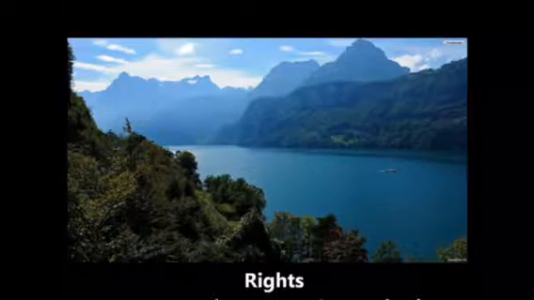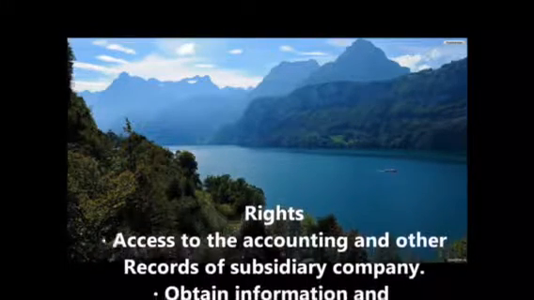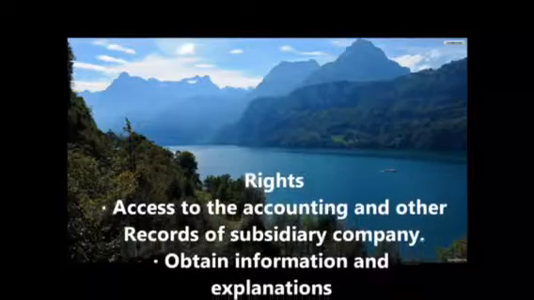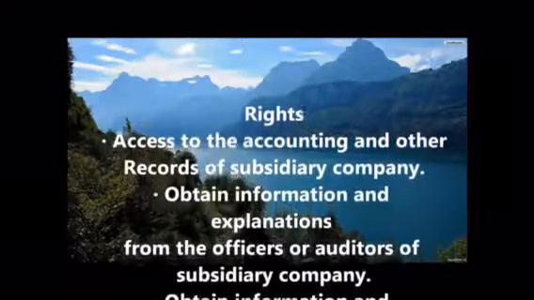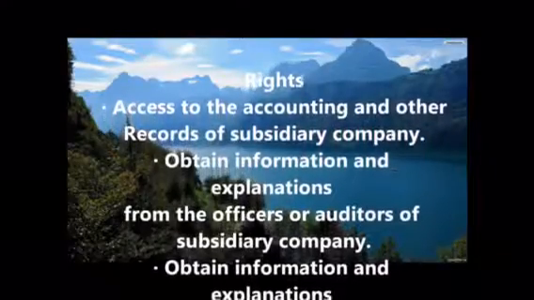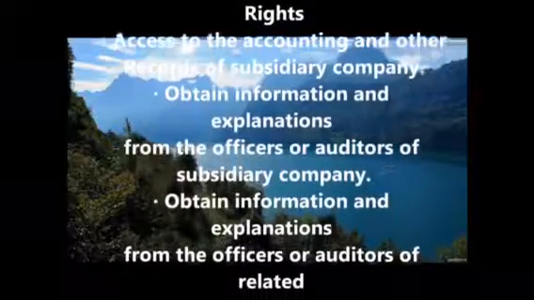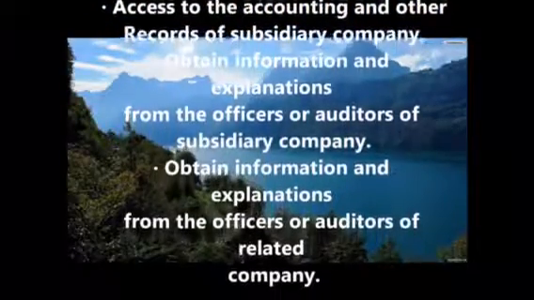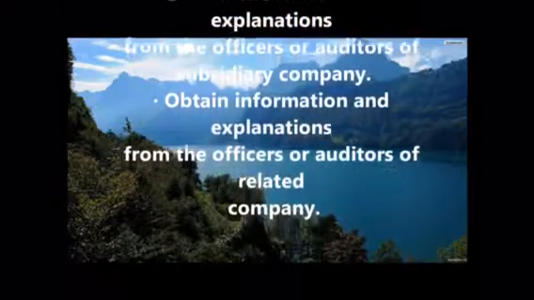And now we look at the rights of the holding company's auditor, whereby there is a right of access to the accounting and other records of subsidiary companies, and to obtain information and explanation from the officers or auditors of the subsidiary companies, besides obtaining information and explanation from the officers or auditors of related companies.